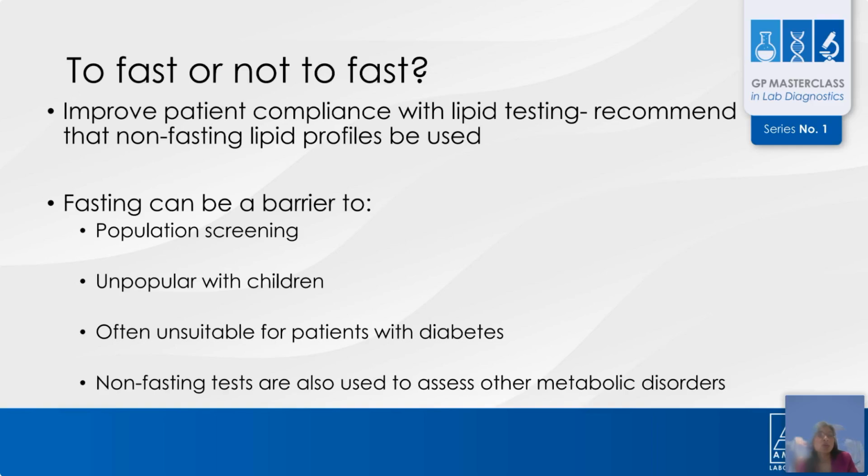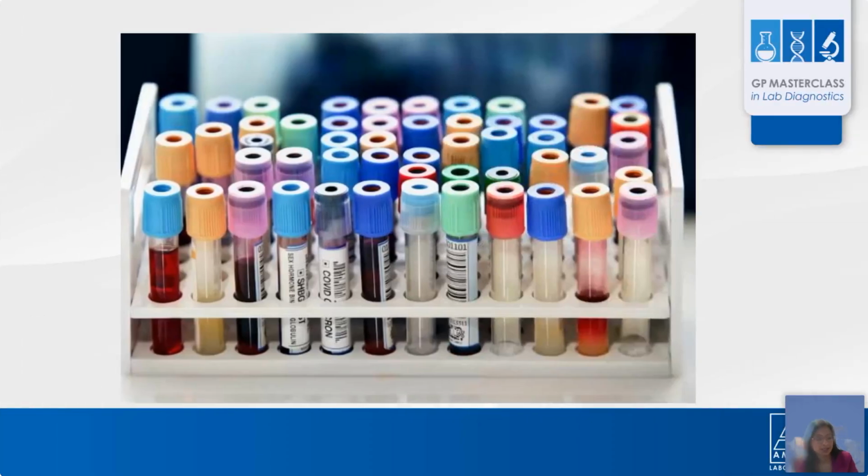Non-fasting tests can also be used to assess other metabolic disorders. The HbA1c doesn't need to be fasted, and we might have a UNE done, so we can just do all the tests together, and it can be much easier.